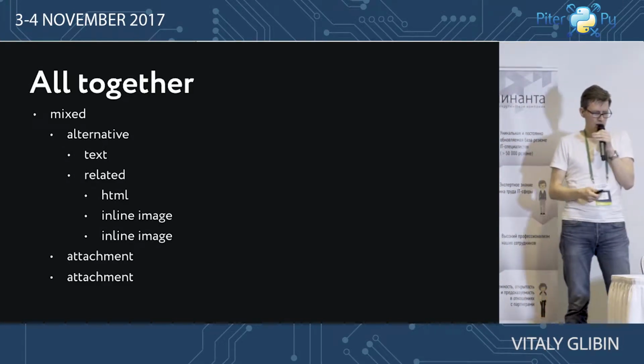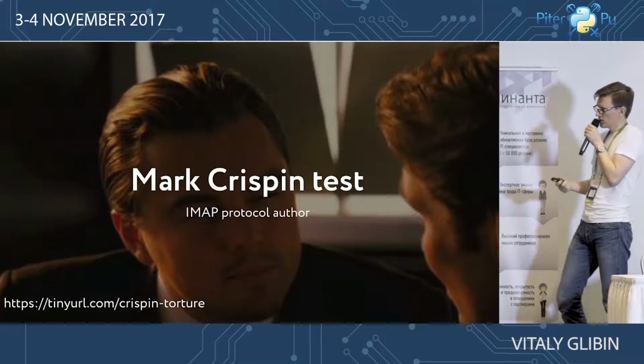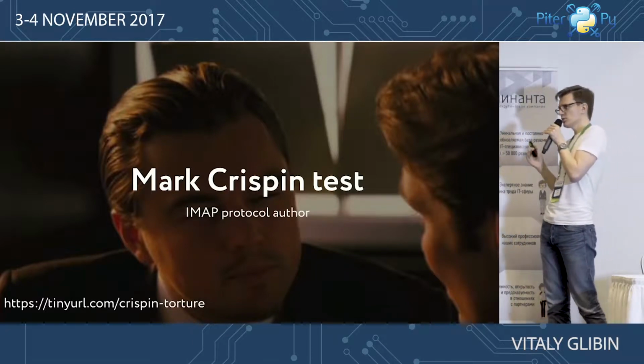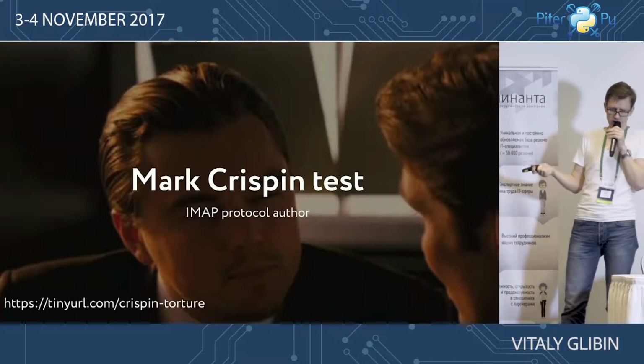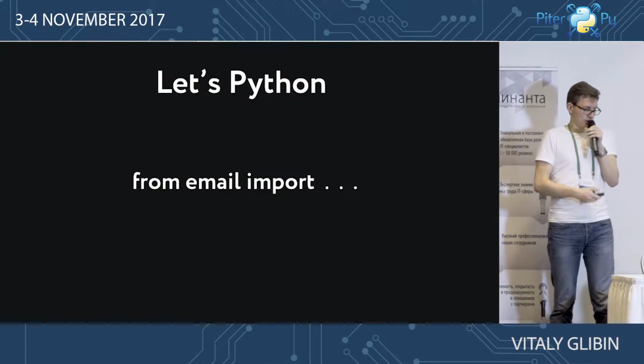This is a standard email, and here is a test from Mark Crispin. He is the developer of IMAP, and he created a message with 30 levels of attachment, and libraries that work with emails should know how to process it accordingly. And there is a link to this particular test.